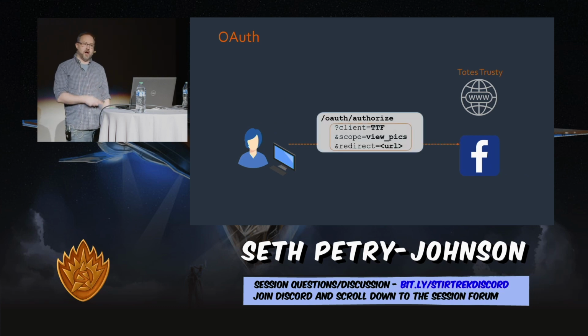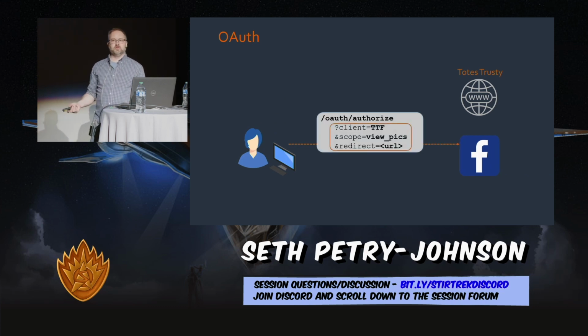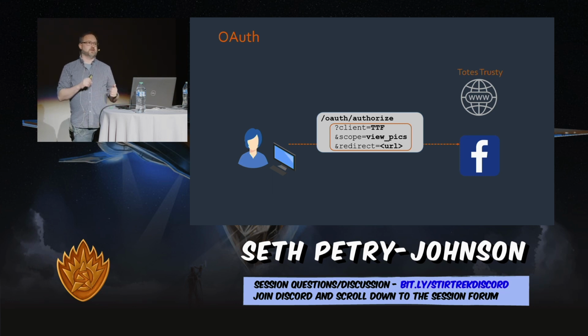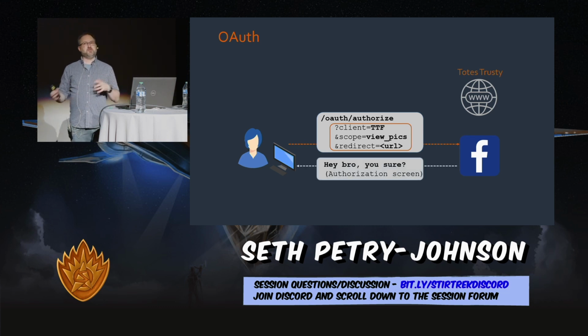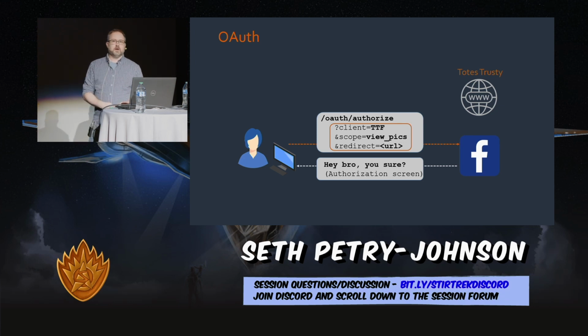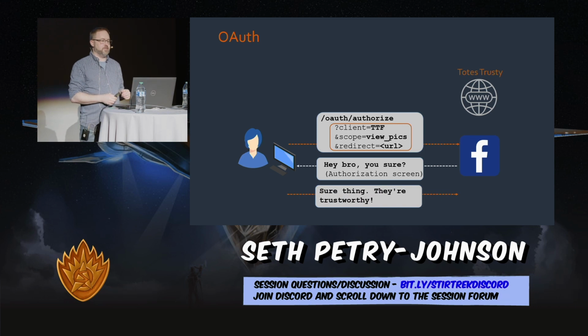Her browser follows that redirect, goes to Facebook's endpoint, and the redirect identifies the client as TTF, the scope that's being requested, and where to redirect if the authorization is granted. Facebook then uses that information to display that authorization prompt, which we've all seen. Alice says, yeah, I want to use them, give them read access to my photos. So she approves the authorization.